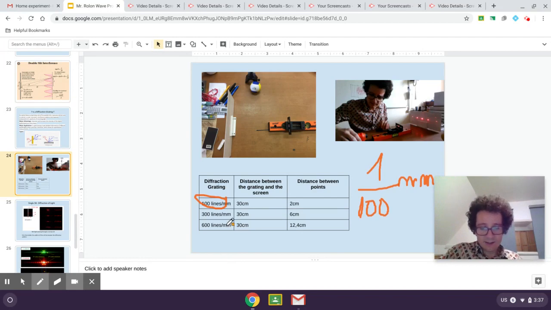Between these three, you will use the equation for each one of these gratings, and you should have the same answer for the three different gratings, more or less.